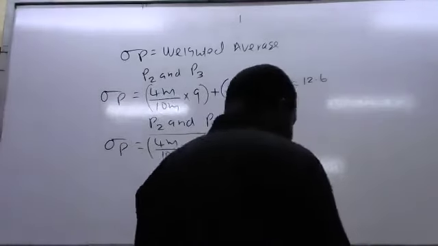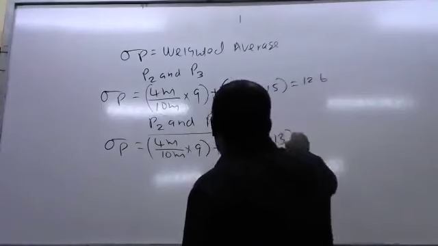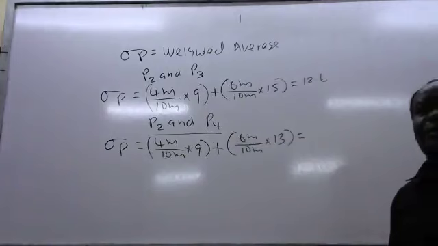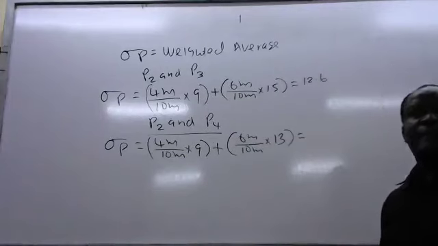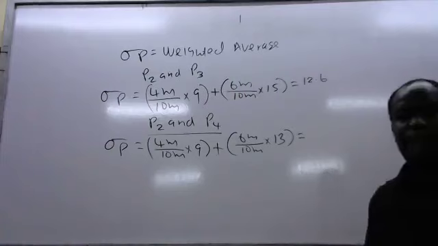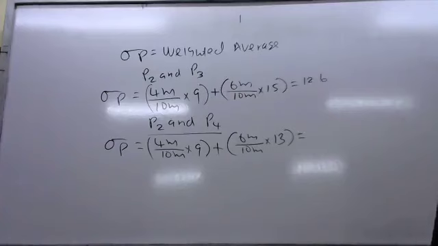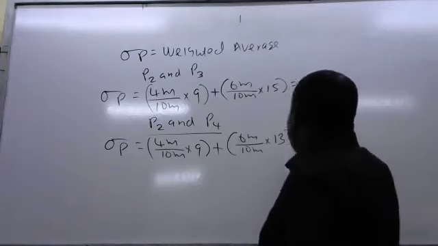So the question has given you 13. So we combine them in that order. Which is meant to give us which value? 11.4.